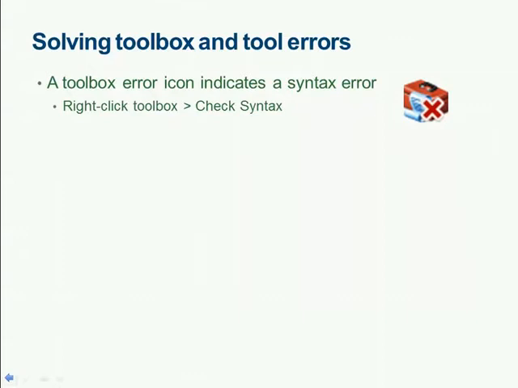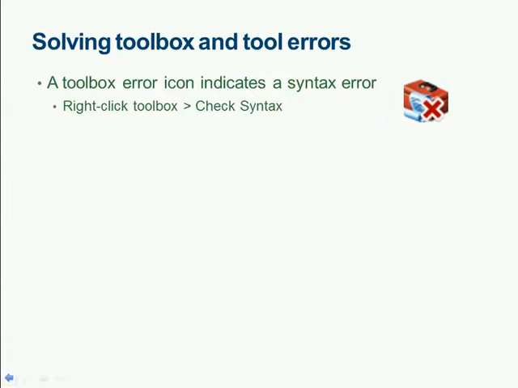You can right-click the toolbox and click Check Syntax, and that's going to pop up a window that gives you the syntax error, which will have information about the error and also the line that the error occurred on. And from that window, you can click Edit Toolbox, and it will pop open your IDE or wherever you're editing Python scripts, and you can go to that line, resolve the error, save the changes, and refresh the toolbox.